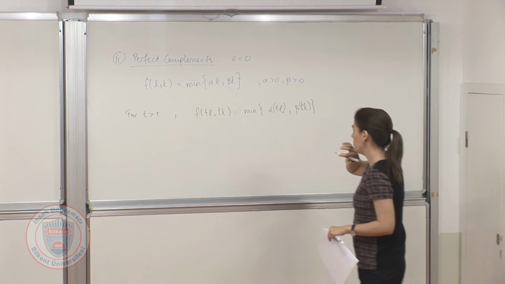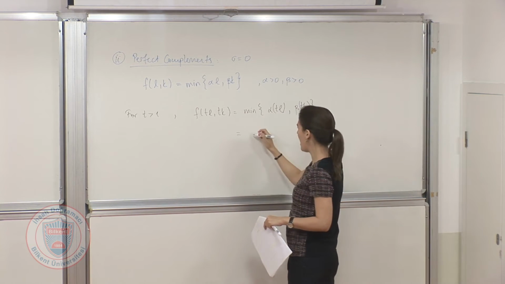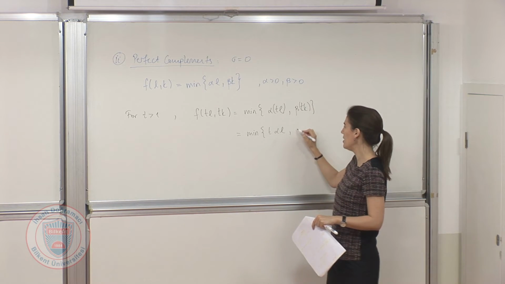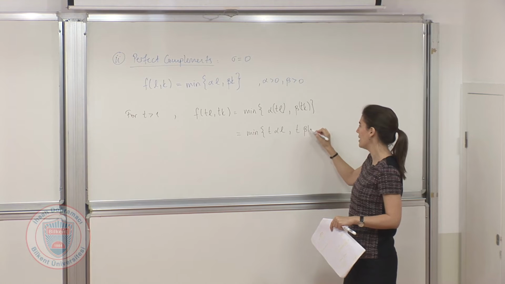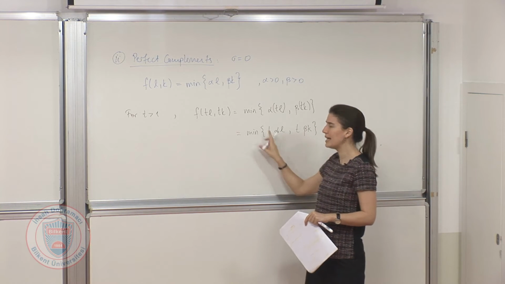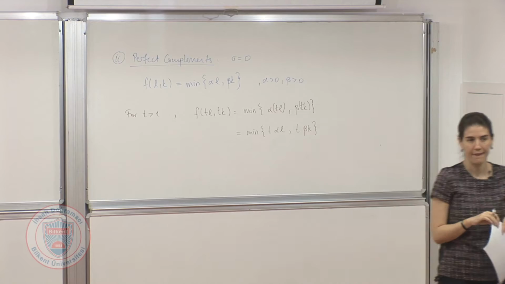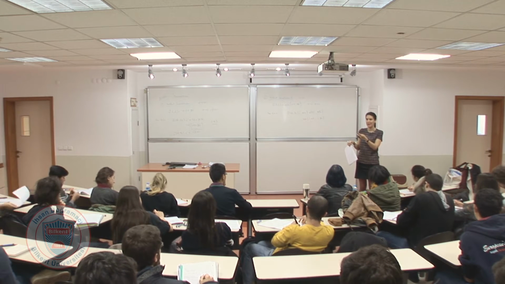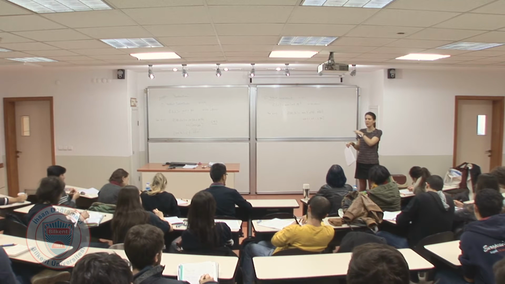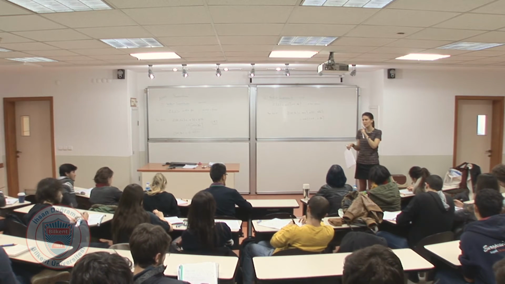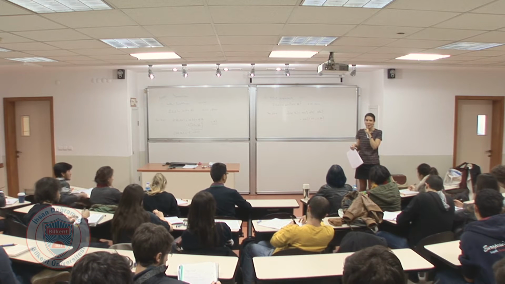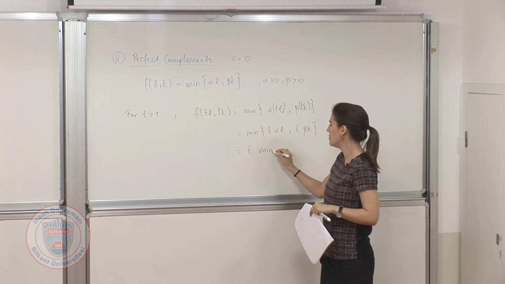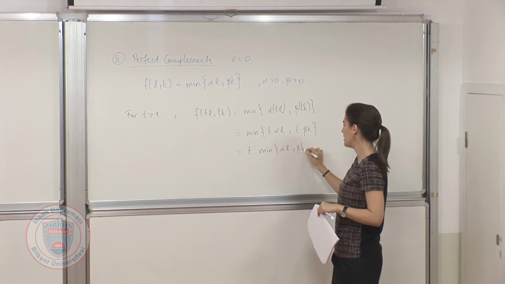Now we have a minimum of t times alpha L and t times beta K. Can I take this t out? The minimum of 2 numbers multiplied by 2, or 2 times the minimum of those numbers: are they the same? Same, right? So I can take t out: t times the minimum of alpha L, beta K.